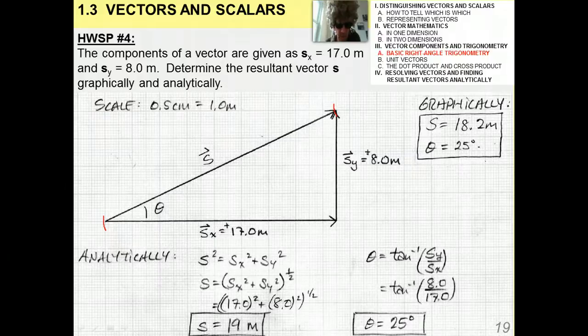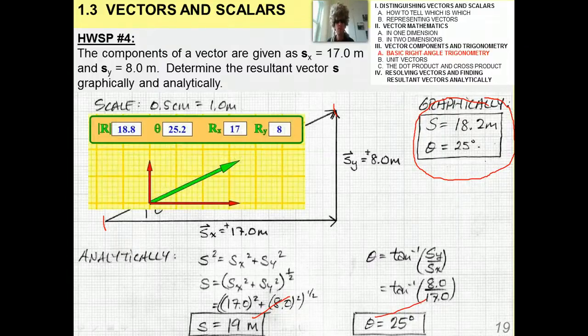S is the square root of Sx squared plus Sy squared. I got 19 meters, and then just use the inverse tangent to find theta, and I got 25 degrees. So you see, my estimates when I'm doing it graphically were actually quite good in terms of matching what I got analytically. Okay, so pause this video if I'm going too fast. Make sure you understand this problem because they're going to get more and more complicated as the slides go on.